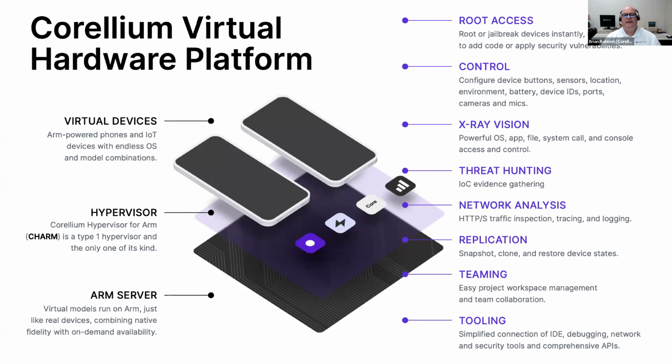We run them directly on ARM-based chips. So there's no translation layers or anything out there. And we essentially have the only type 1 hypervisor for the ARM platform. So if you think of an x86 analogy, we are VMware, but we are VMware for ARM.